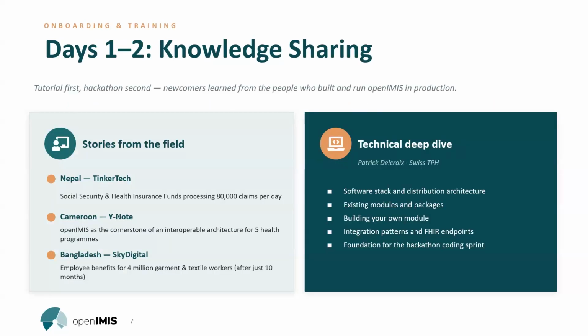Now, let's go into more detail. Days 1 and 2 were more about knowledge sharing, with stories from the field. Nepal presented the example of Social Security Health Insurance Funds processing up to 80,000 claims per day. In Cameroon, they presented openIMIS as an interoperability architecture for 5 health programs.